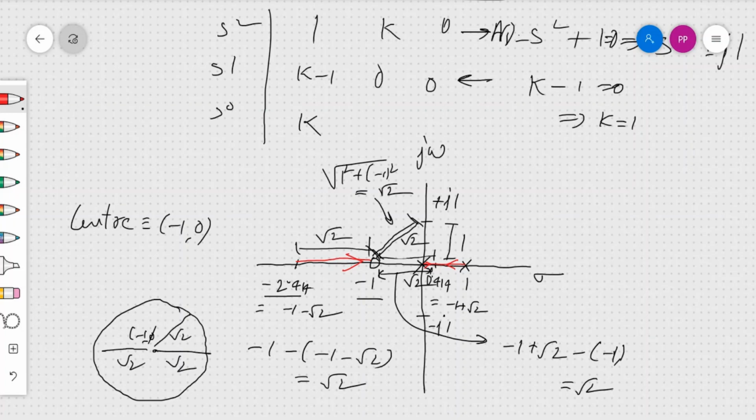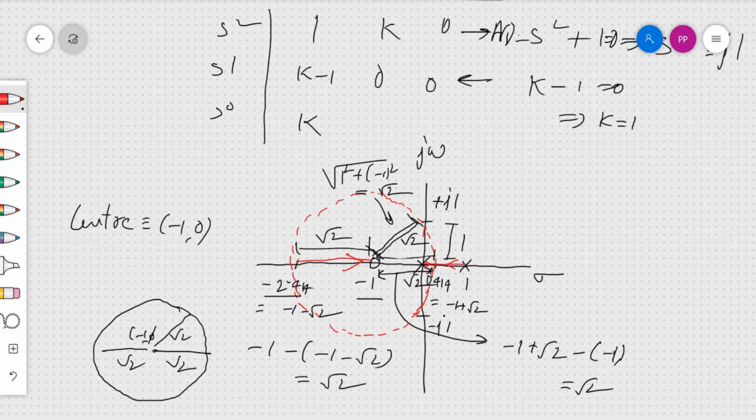So let us draw the root locus which is of the circular shape, and it will go like this.